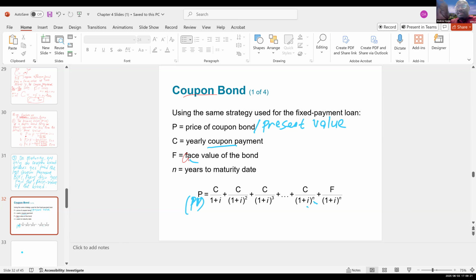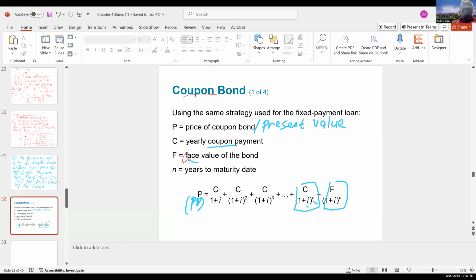And then on maturity, during the last year, not only do you get this last coupon payment, but you're also going to get the face value back. So the present value is the sum of all discounted future payments on that bond, which include all coupon payments plus the face value that you get paid back on maturity of the bond. That's right.